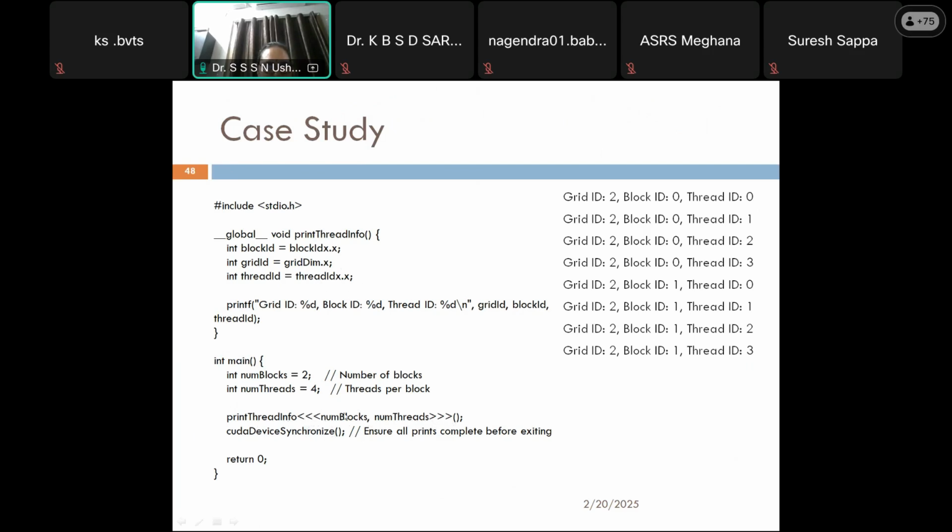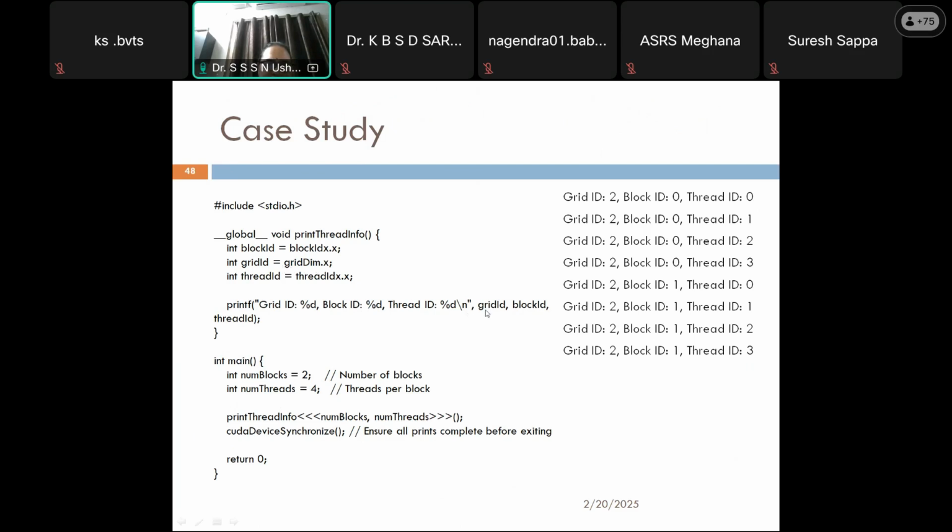It passes the arguments, number of blocks as 2, number of threads as 4. So 2 and 4 are caught by this one, right? Those are assigned to block ID dot X, grid ID dot grid dimension dot X, and int thread ID dot X. So grid ID, block ID, thread ID.